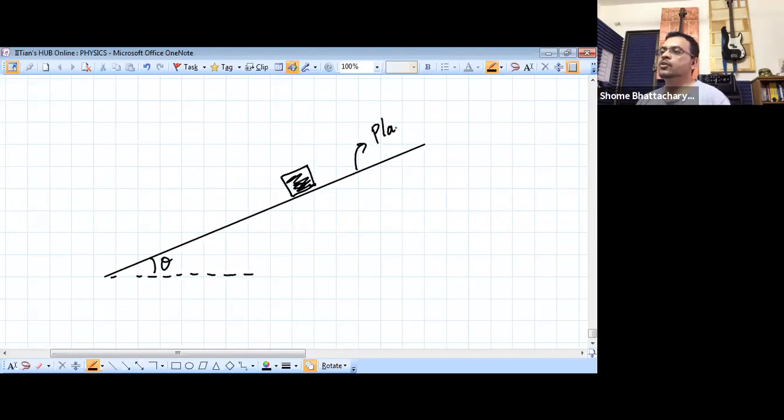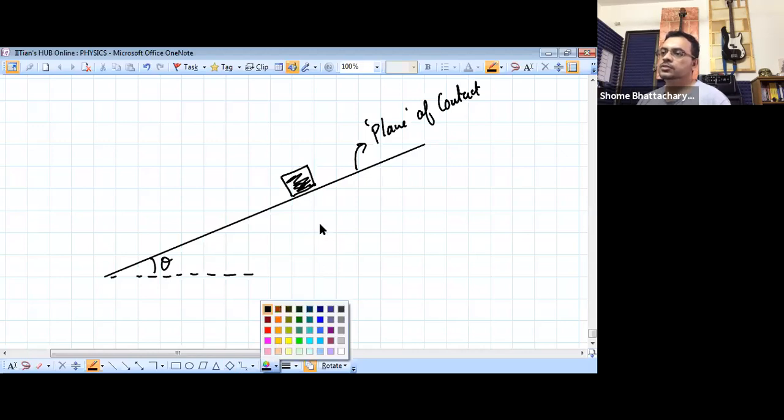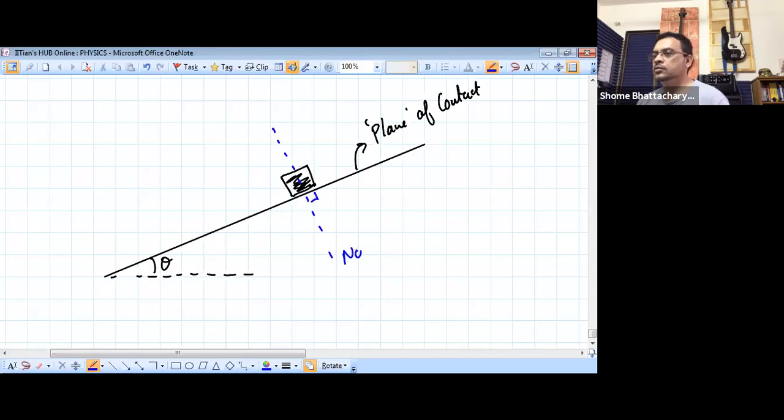This is the plane of contact between the block and the inclined plane. So what is the direction in which the normal reaction will act? It will have to act along this perpendicular direction, along this line. This is the line which is normal, or perpendicular, to the plane of contact.